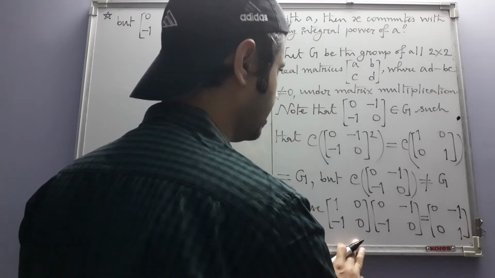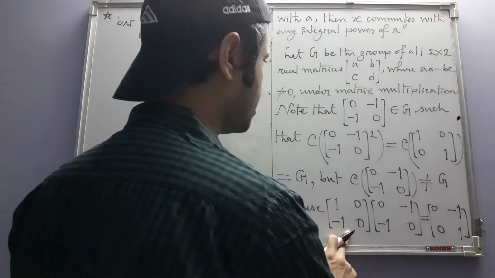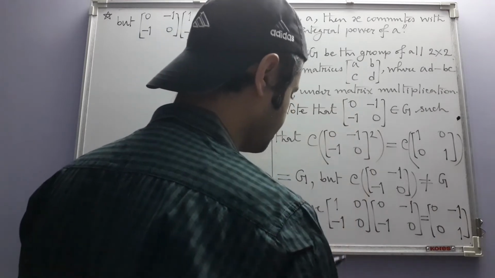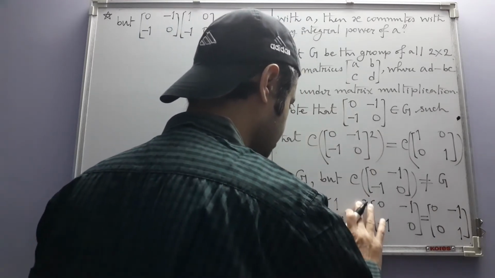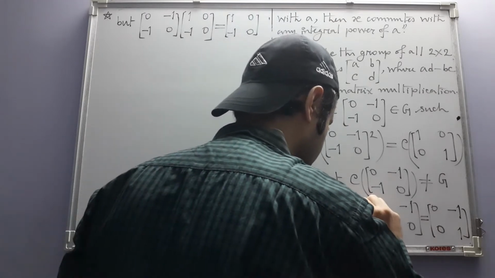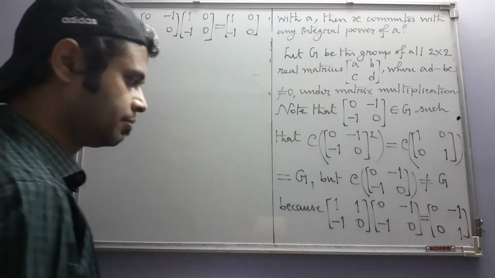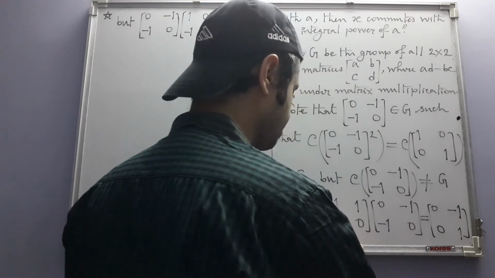The reason is that this matrix does not belong to G. Here AD minus BC is equal to 0. So let me just put 1 here and let's see what happens.